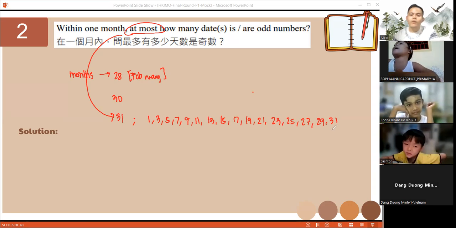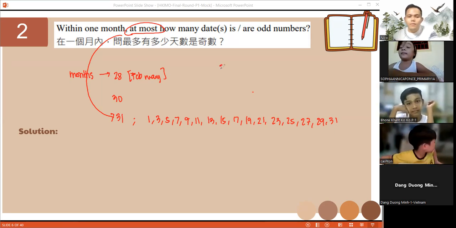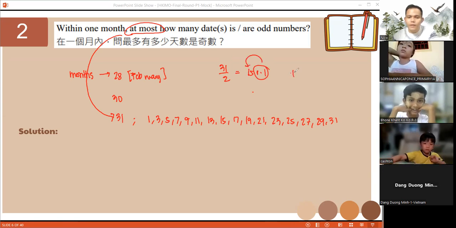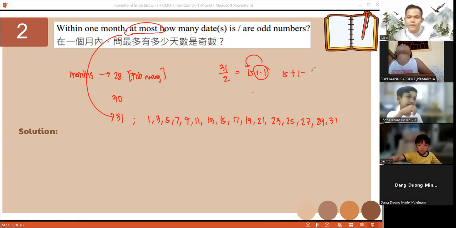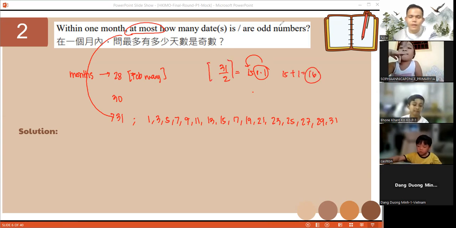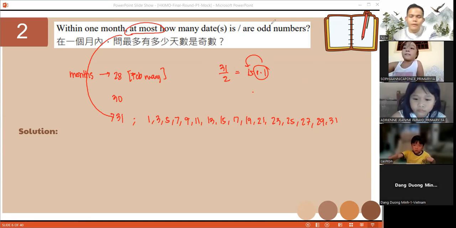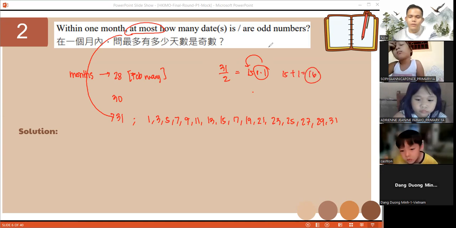But if you already know how to divide, you can just simply do 31 divided by 2, then you'll get 15 remainder 1. So the remainder 1 will be added here. That will be a total of 16, okay? Or just get the ceiling value, okay? But if you're confused with that one, you can just simply write them all down, okay?